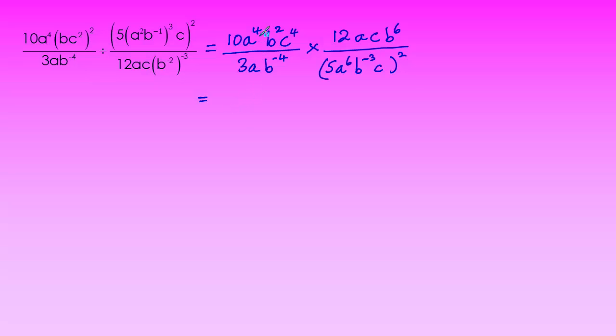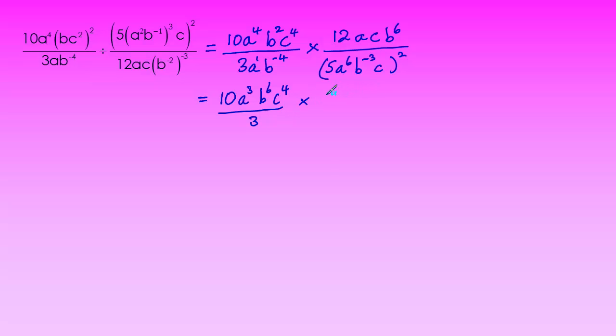Now we can do some tidying here because we can subtract indices. Remember, this is a to the 1. So I've got 10 a cubed, 2 take away negative 4 is 6, c to the 4 over 3.